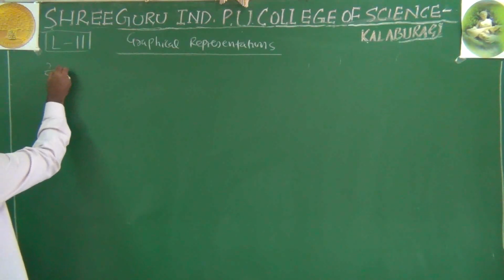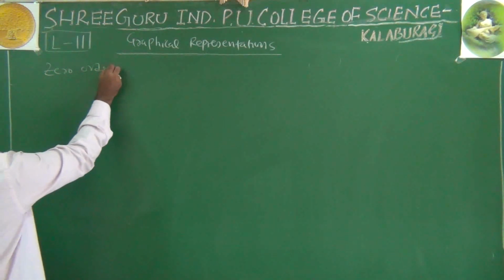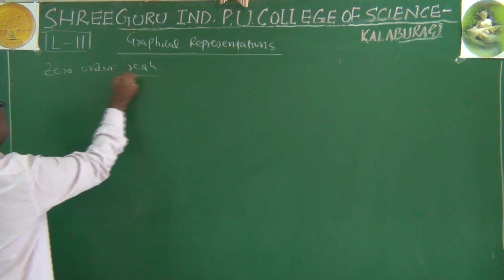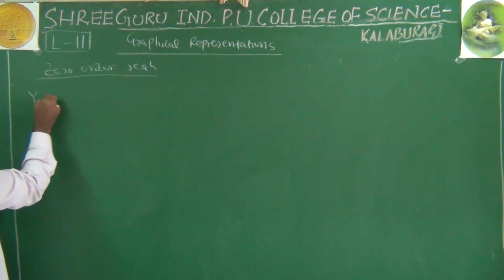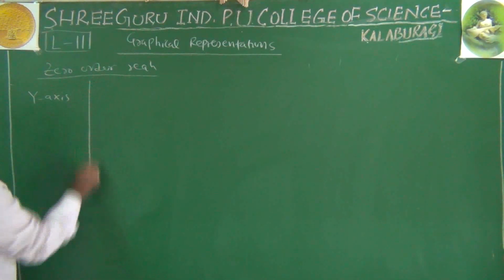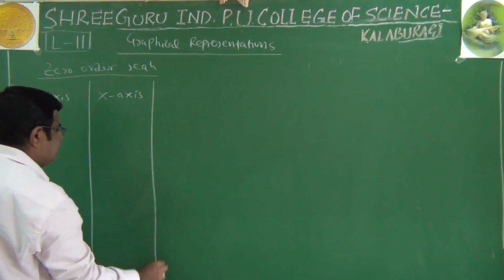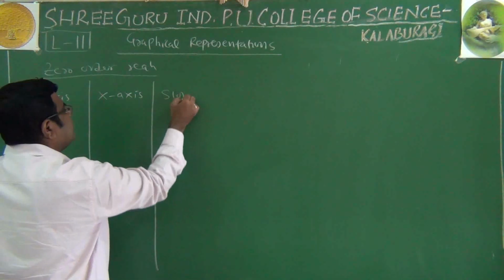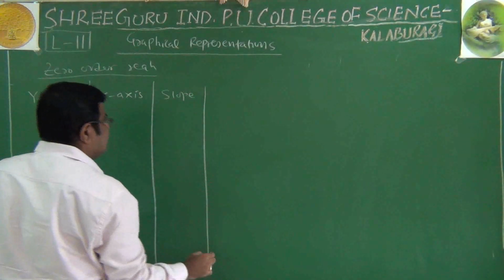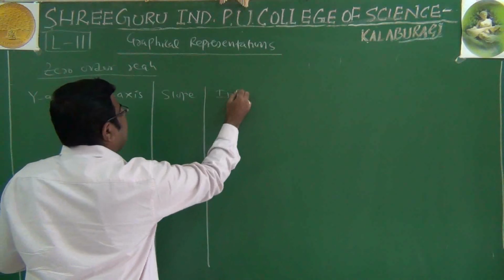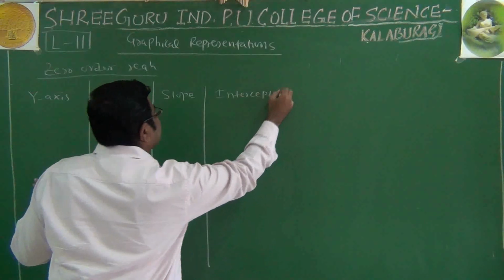So this is for zero order reaction. 4 graphs we have to plot. On the y-axis and the x-axis, these are the 2 variables. What we get when we plot this is a slope and an intercept.